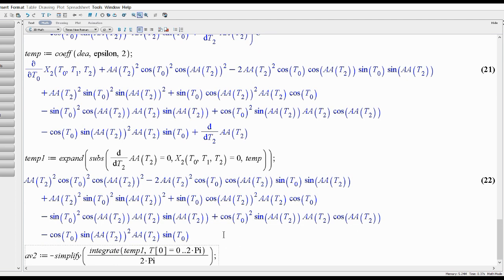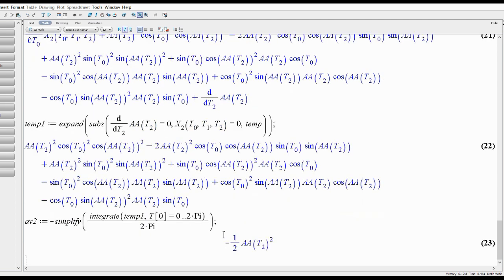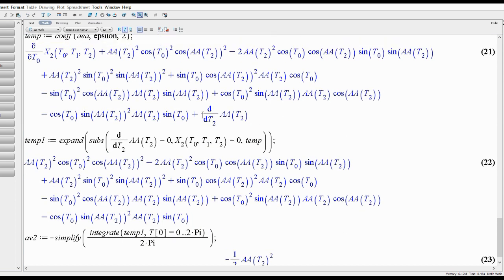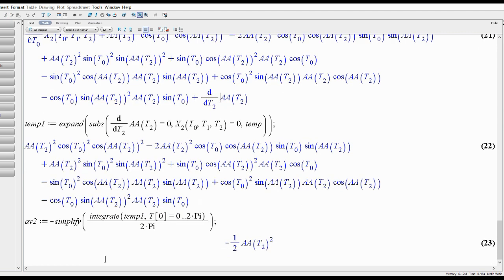Okay, you see that's the answer. And so this average has to be absorbed by this thing here. I've already put the negative because the average plus this thing has to be 0, so this is the negative of the average. And so our final slow flow equation is just this quantity.